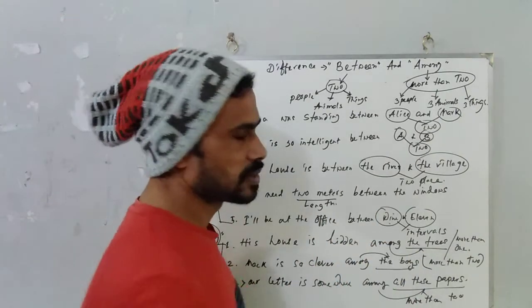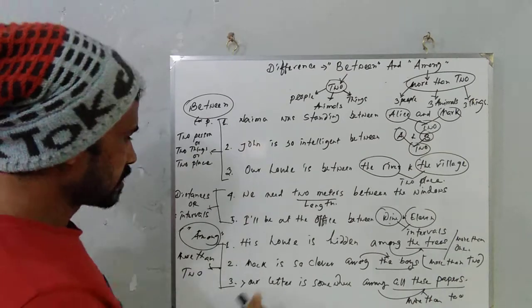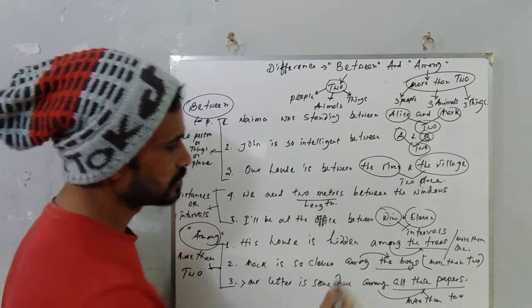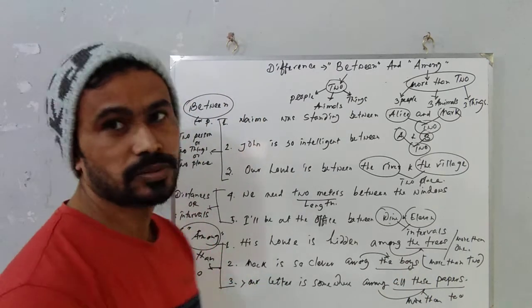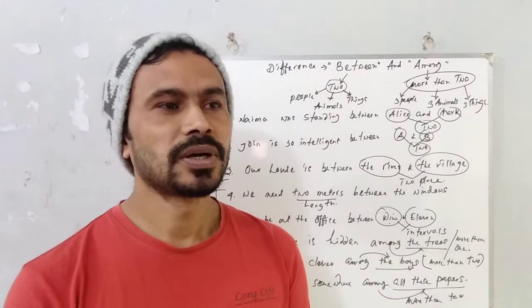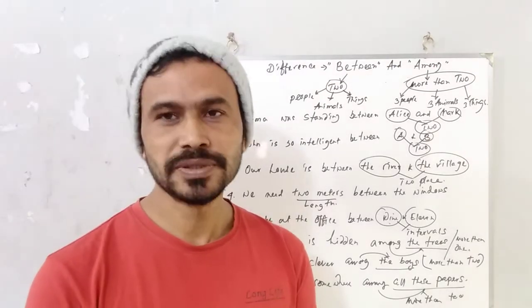So we can use among. Next sentence. Mac is so clever among the boys. More than 2 boys. Mac is a person, and if you want to compare, it should be a person.